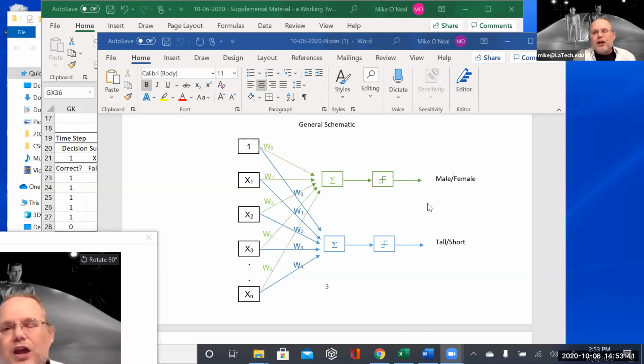But the way it's working internally is there is one perceptron that's asking the male-female problem, and there's another perceptron that's asking the tall-short problem. So, yeah, you can think about this thing as generating 4 different outputs, short male, tall male, short female, tall female. And it is generating 4 output classifications, but really both perceptrons work totally in isolation.